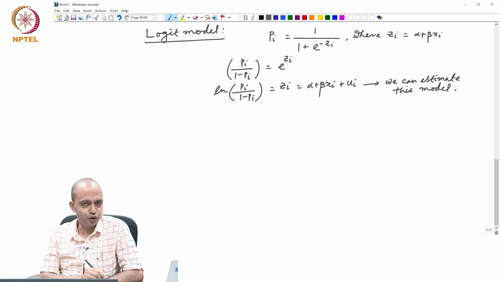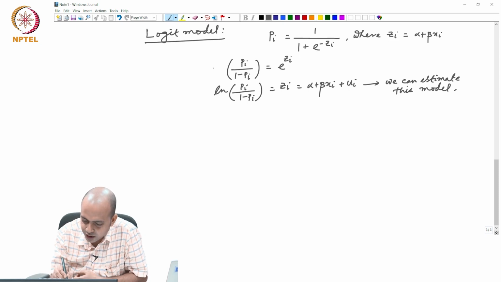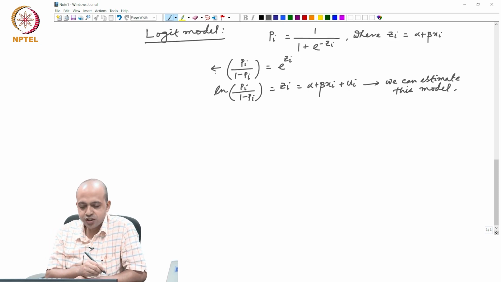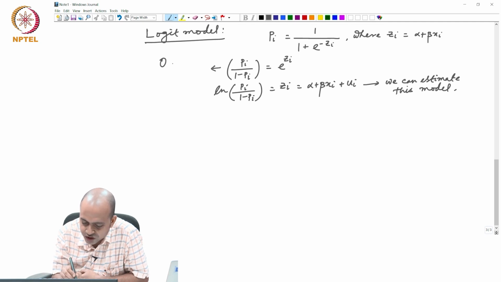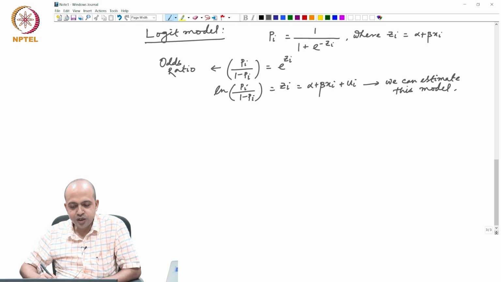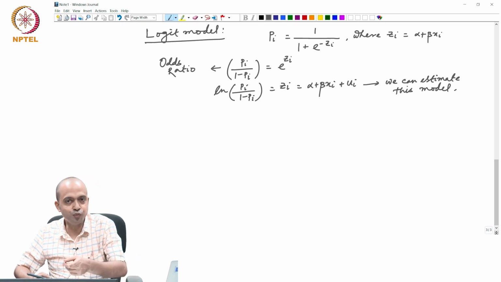But even in this model, what is your dependent variable? The dependent variable is log of pi by 1 minus pi, and this pi by 1 minus pi has a specific name: the odds ratio. Since pi is the probability of owning a car or a house, pi by 1 minus pi is called the odds in favor of the event happening, or odds in favor of owning a car, since the numerator is pi.